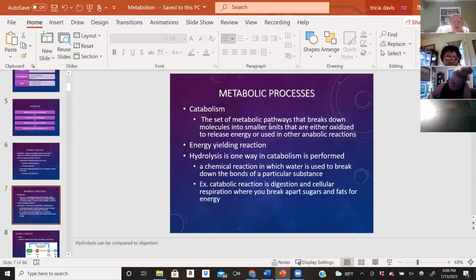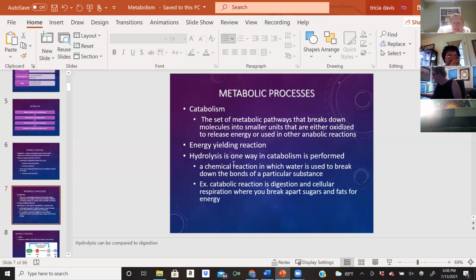Catabolism is the opposite. It is a set of metabolic pathways that breaks down molecules into smaller units that are then either oxidized to release energy, or they can use those once they're broken down for other anabolic reactions. It is an energy yielding reaction. It involves hydrolysis, which is one way that catabolism is performed.